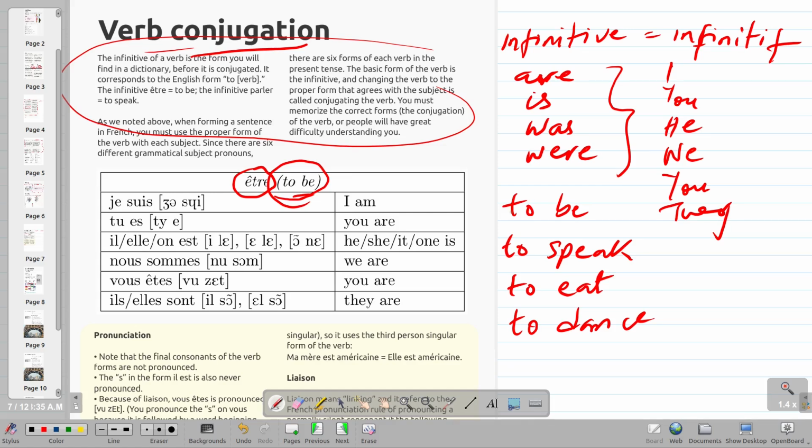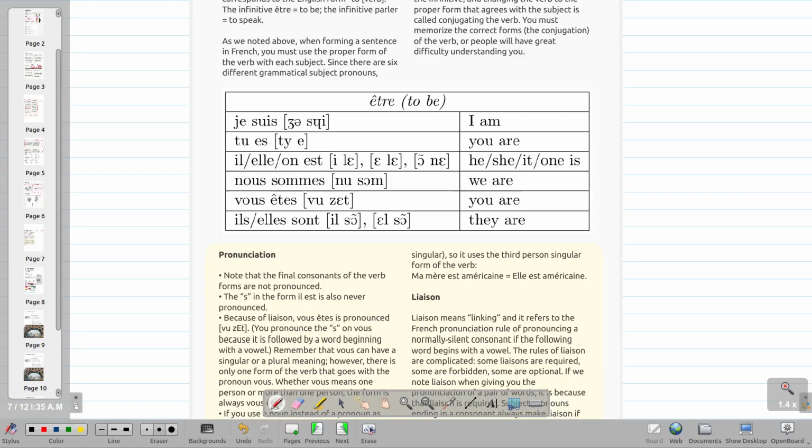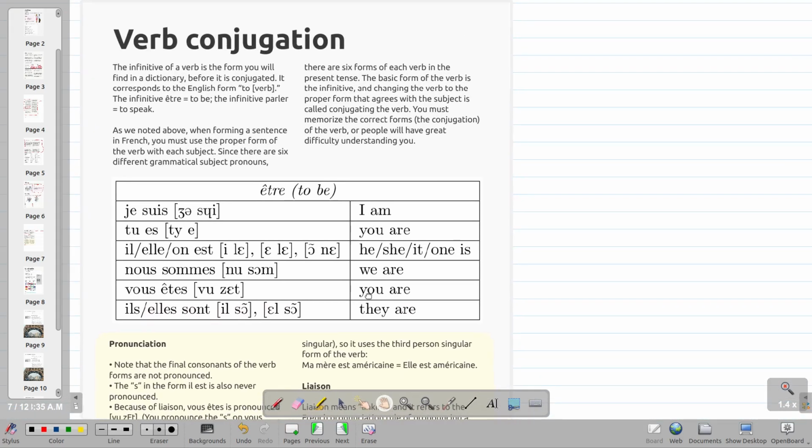So now, what is conjugation? So we have identified an infinitive. What is conjugation? You remember how we saw those subject pronouns. I, you, he, she, it, we, you, they, which is je, tu, il, elle, on, nous, vous, il, elle.